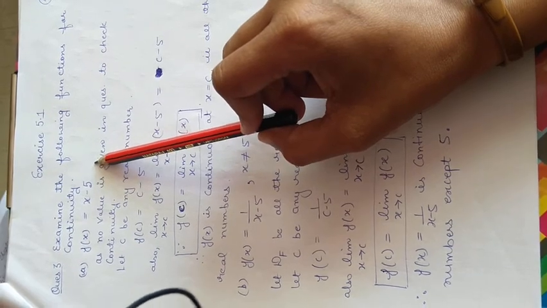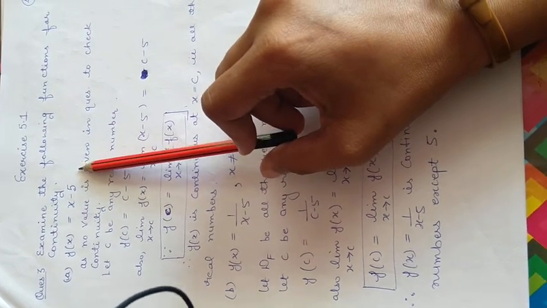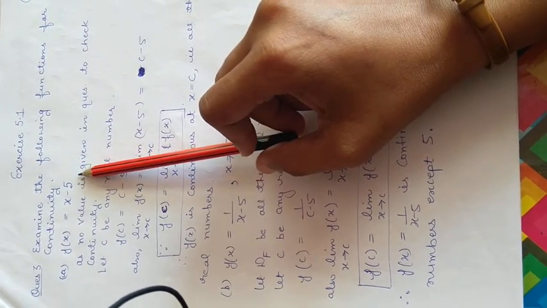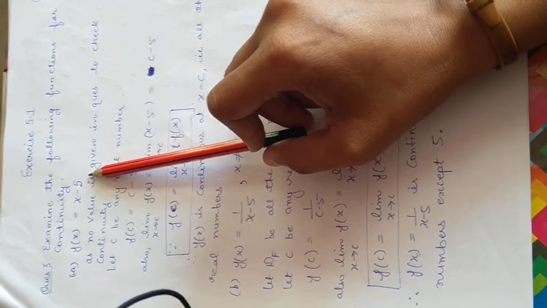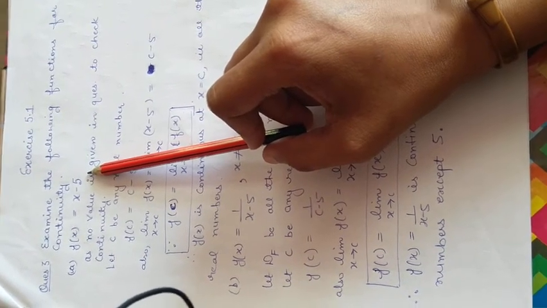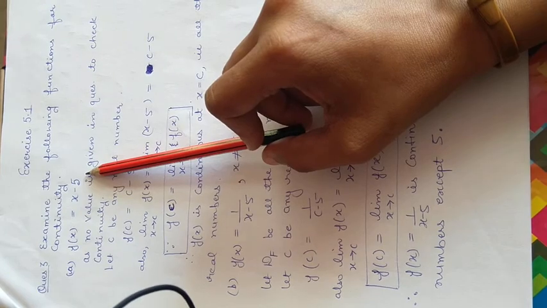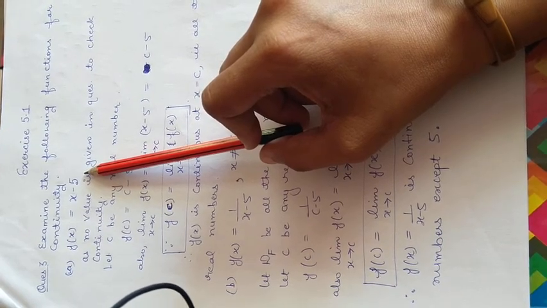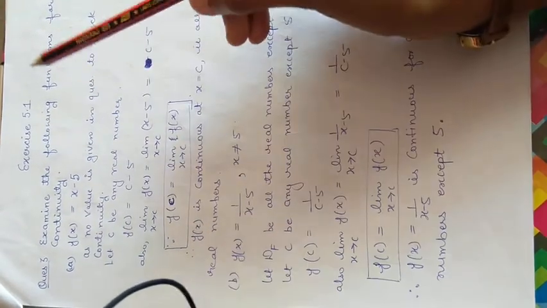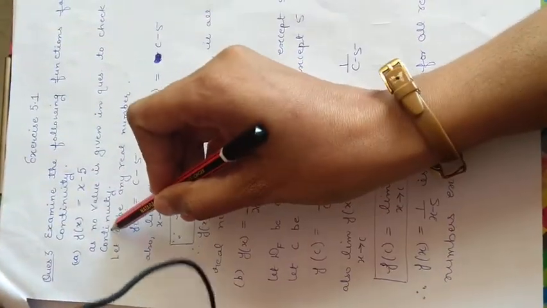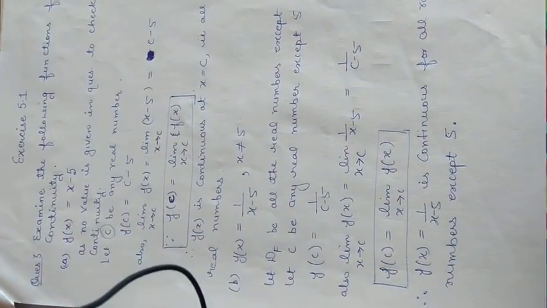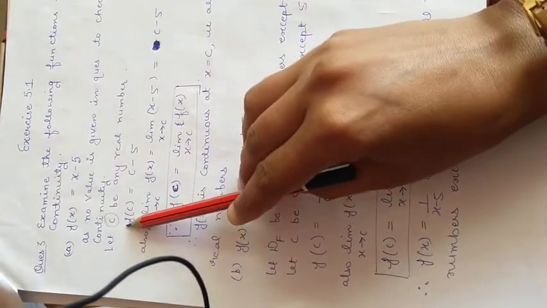As you already know, in this no value is given where to check continuity. So in such cases where any value is not given to check continuity, we always assume a value, that is c. We always assume a value c where we have to check the continuity.